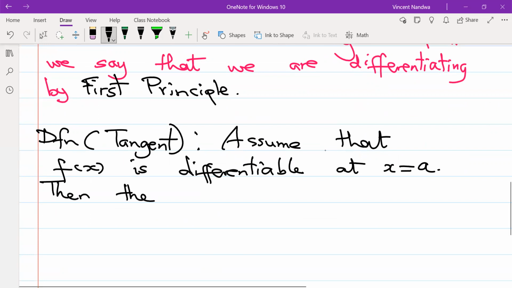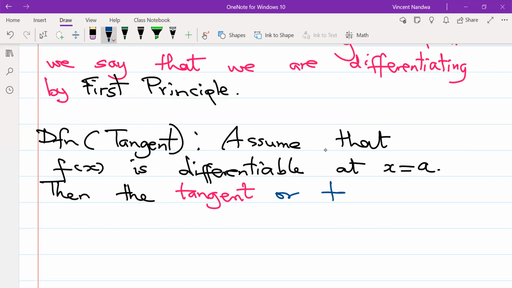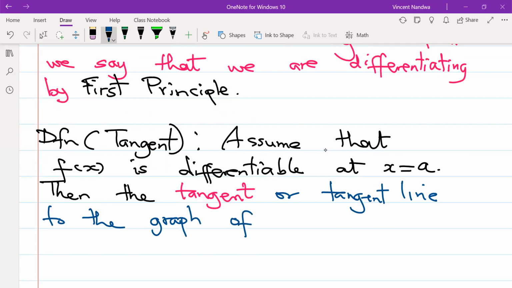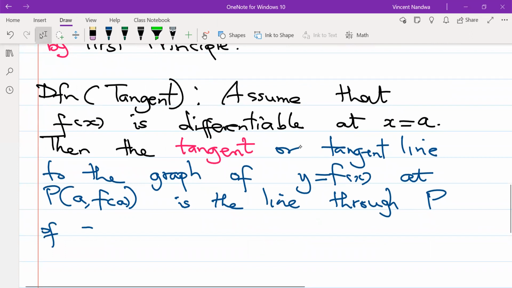Then the tangent, or simply tangent line, to the graph of y equals f of x at a point P is the line through P of slope f prime at a.